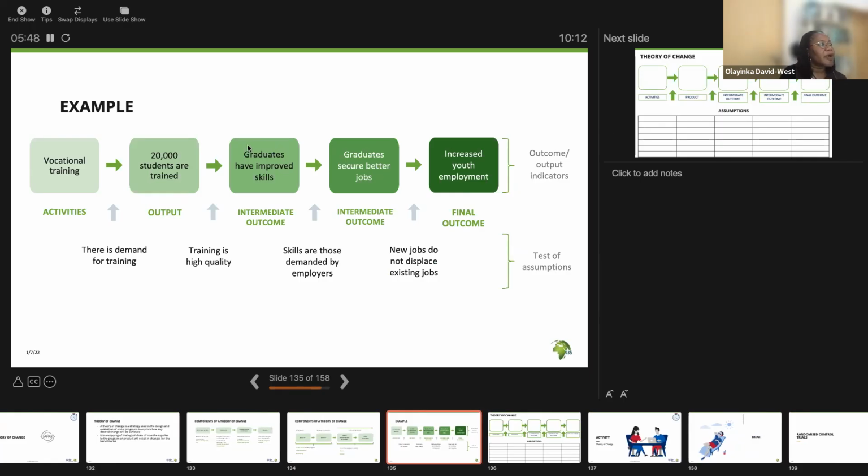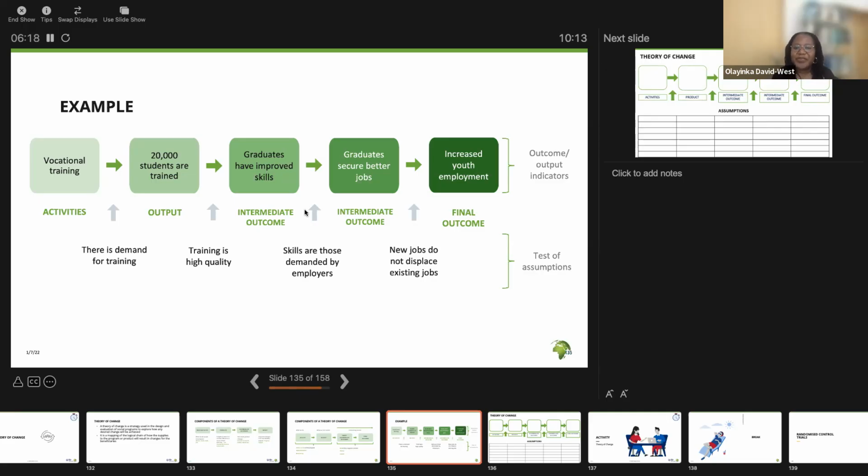Okay, great. So when we look at the theory of change, let's take an example. The example is that we have a vocational training activity. Let's assume we go to this female informal seller, and we want her to be able to manage her business better. So we take about 20,000 of these female informal sellers, and we give them some business enablement training or vocational training on bookkeeping, for example.